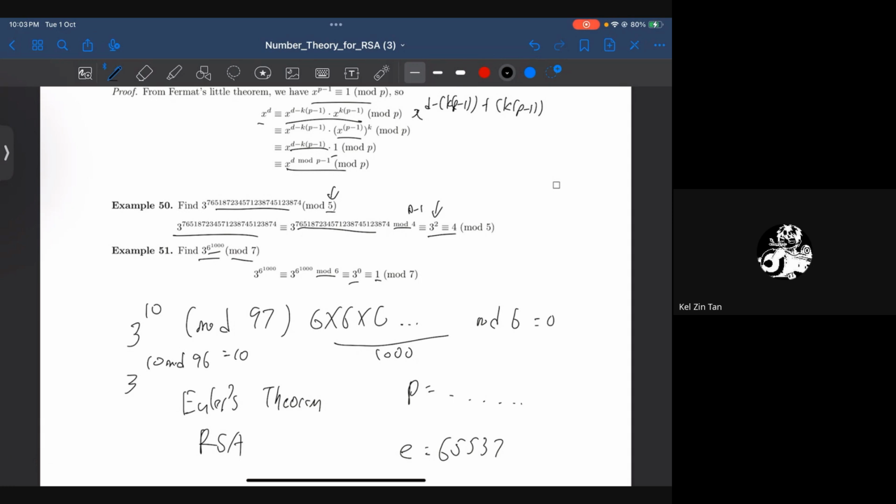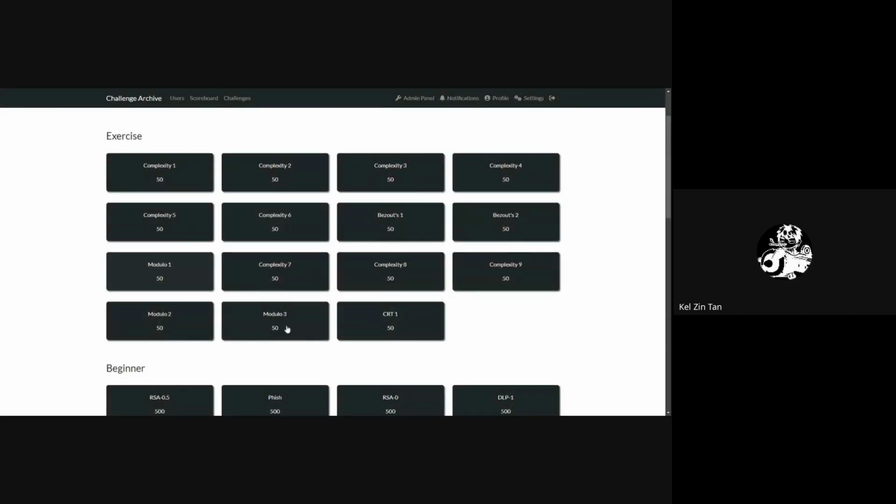The exercise. Yeah, right. Maybe I should share about the exercise. Let me share my screen. I think I haven't released it, but okay, let me release it now.